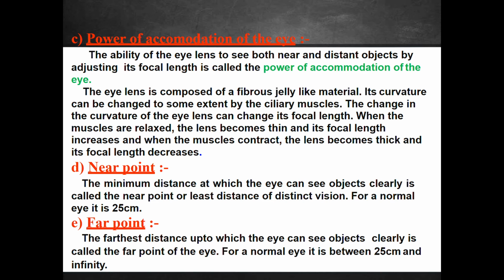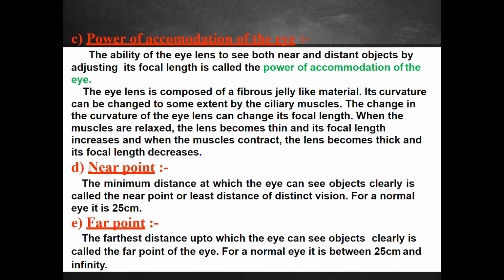You know, when we are to read the book, then the muscles become thick and focal length decreases, and we are able to read the book. But when we are able to see far away objects, very far away objects, then the eye lens remains thin because the ciliary muscles are relaxed.